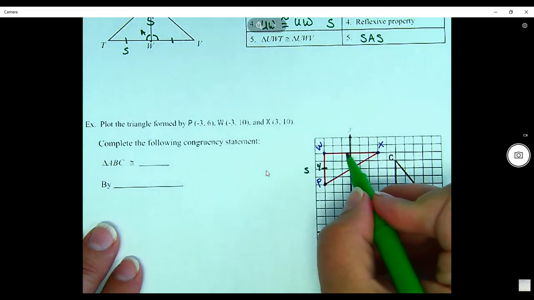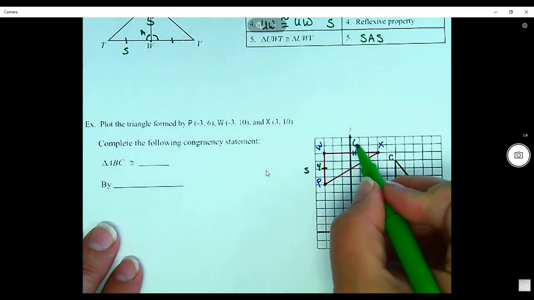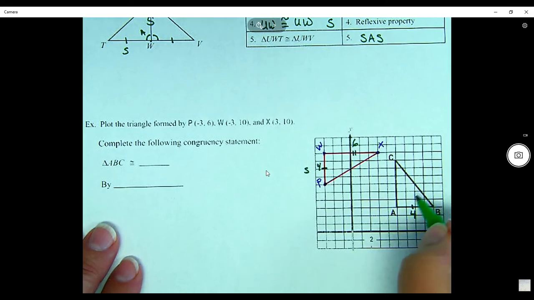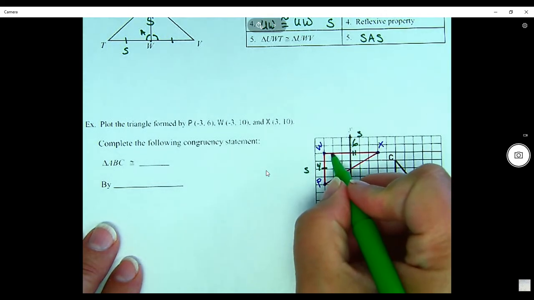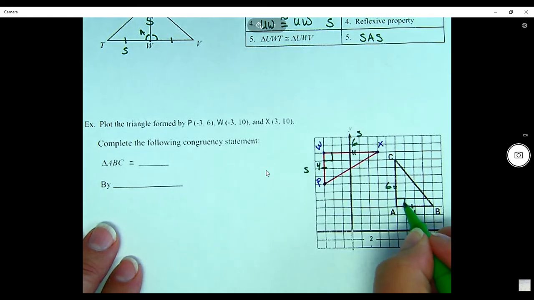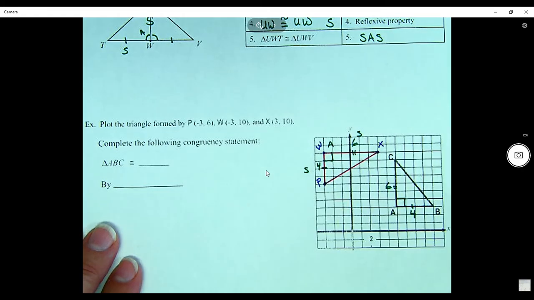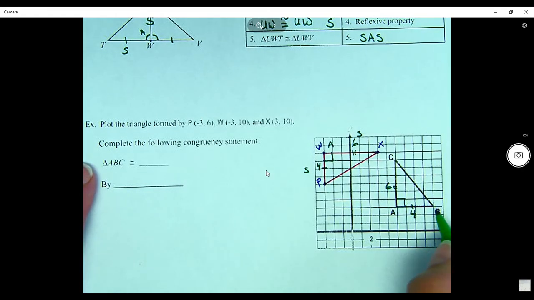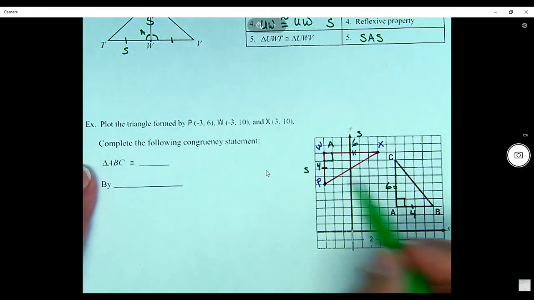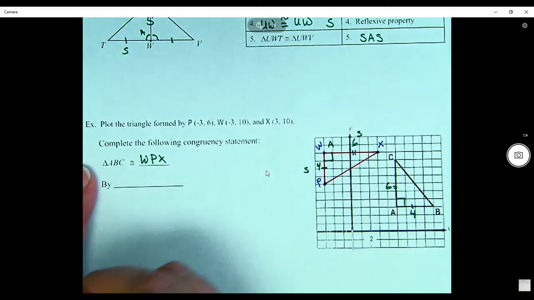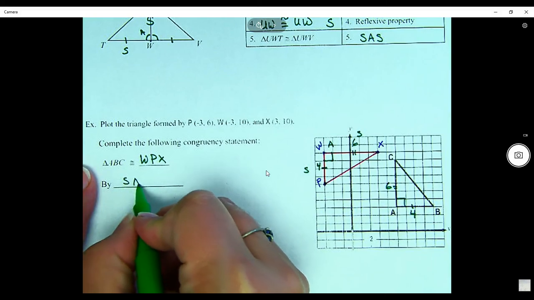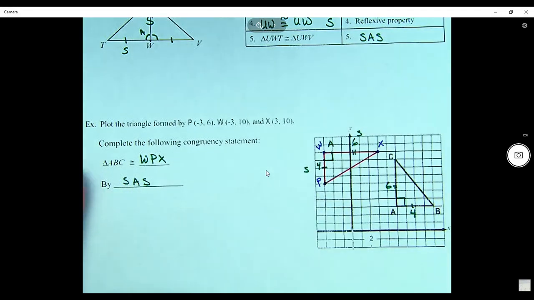I've got 6 units for WX, and I've got 6 units for AC. So those two are another side. And then this is a right angle. So I've also got an angle. So I can say that ABC is congruent to WPX by side, angle, side. All right, have fun with those practice problems.